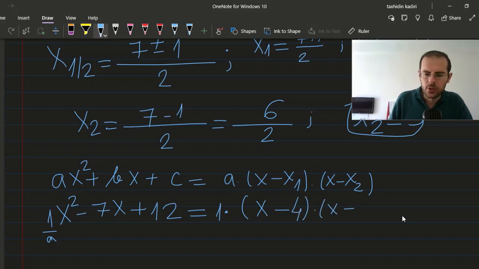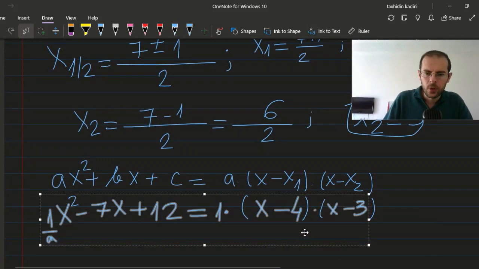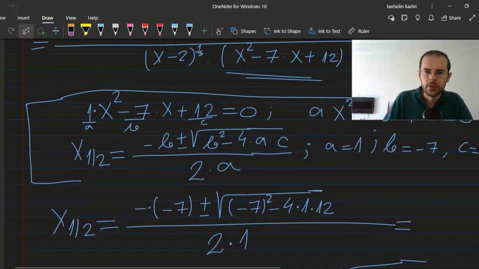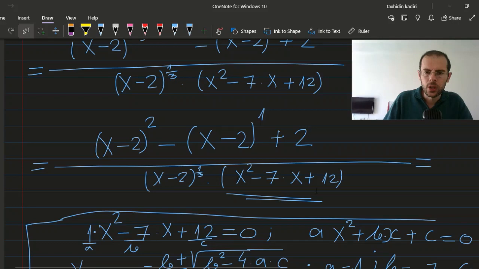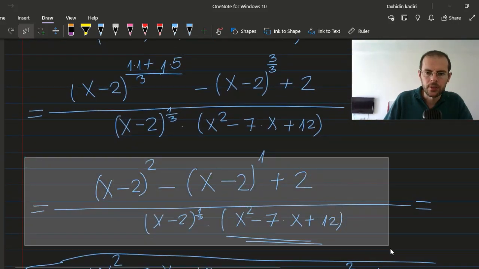When we substitute here that value, it's 4 and 3. Now can you see this? We must substitute these values in this equation. Now let's copy this.